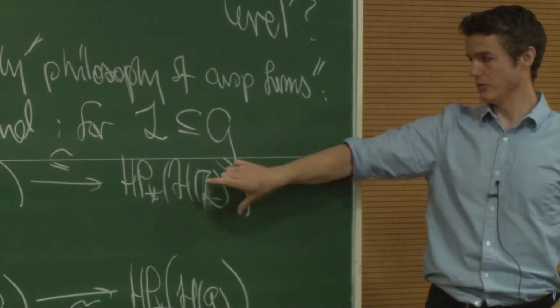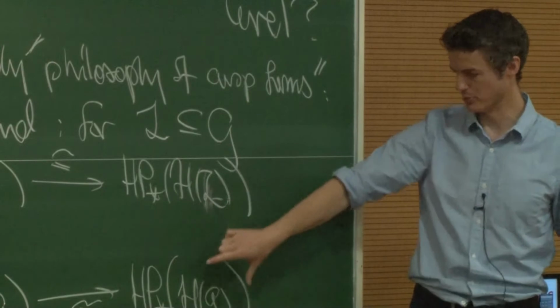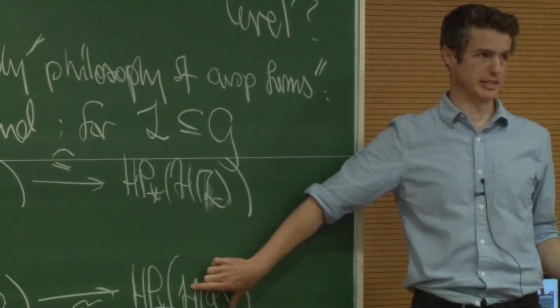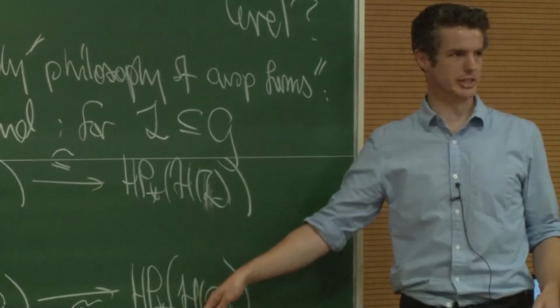What that means is that if you have a functor from modules over this algebra to modules over this algebra, which has certain properties, for example, is exact, then it's going to induce a map in periodic cyclic homology.